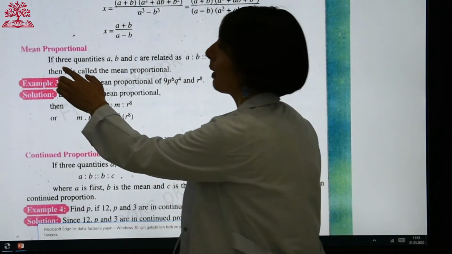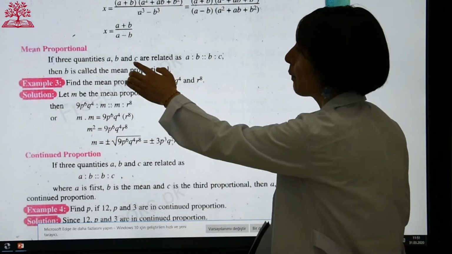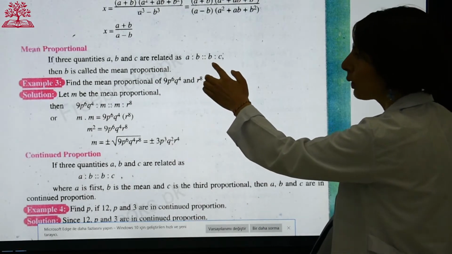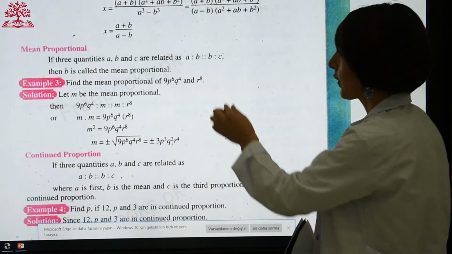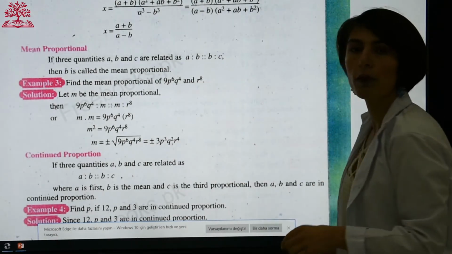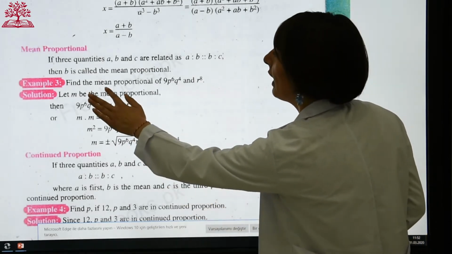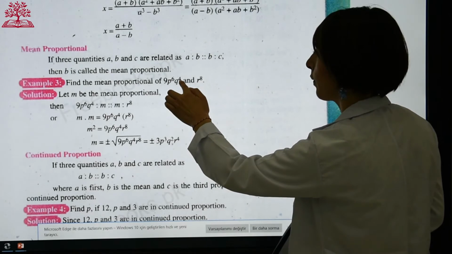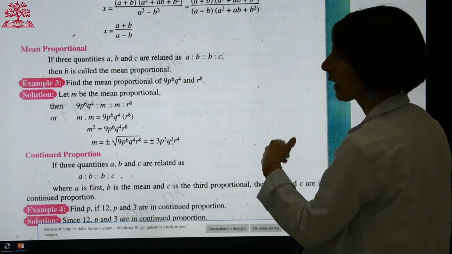Let's have a look at the mean proportional. If three quantities A, B and C are related as A to B equals B to C, then B is called the mean proportional. So this B here is called the mean proportional. Let's see an exercise. Find the mean proportional of 9p to the power 6, q to the power 4 and r to the power 8.